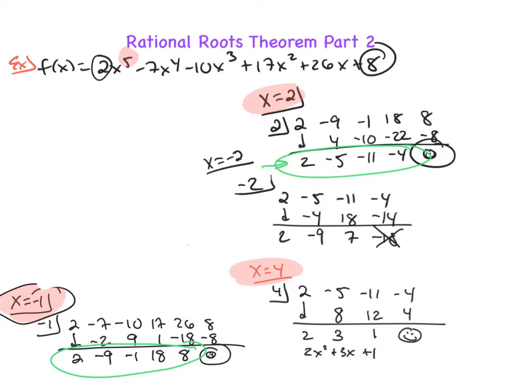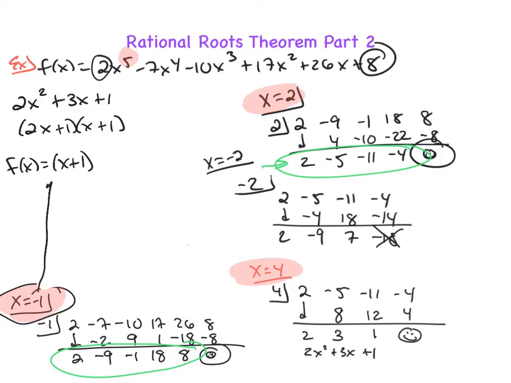Okay. So 2x squared plus 3x plus 1 factors to 2x plus 1 and x plus 1. So that means that we have the factored version of f of x is x plus 1 from here, x minus 2 from here, x minus 4 from here.